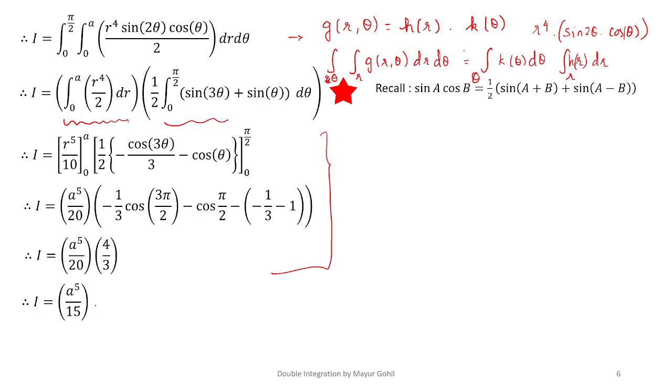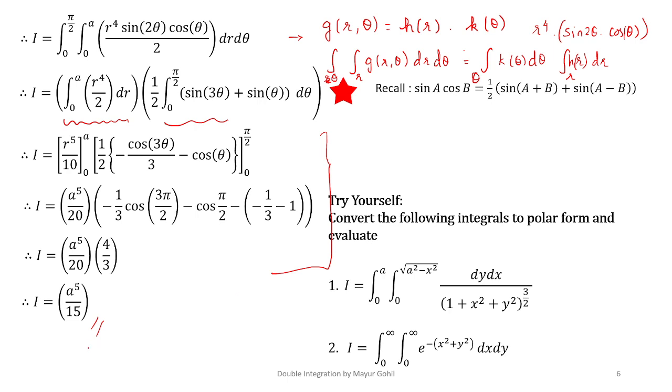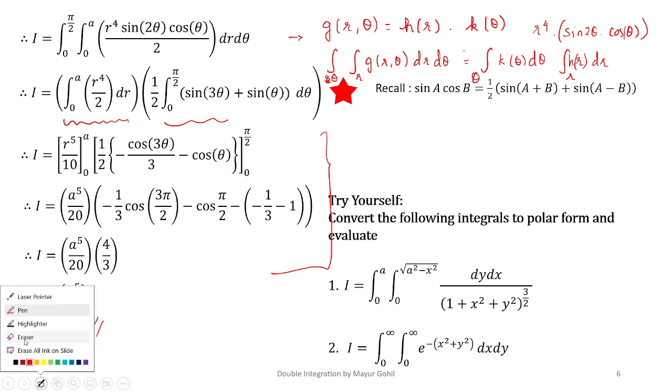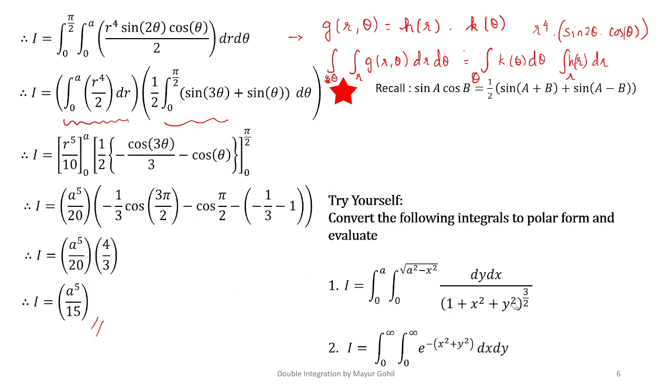Now this is the final answer that we were going to arrive at: a to the power 5 divided by 15. That's our final answer. Now let us see some practice questions for yourself. So these are the two practice questions that I would like to hand over to you.